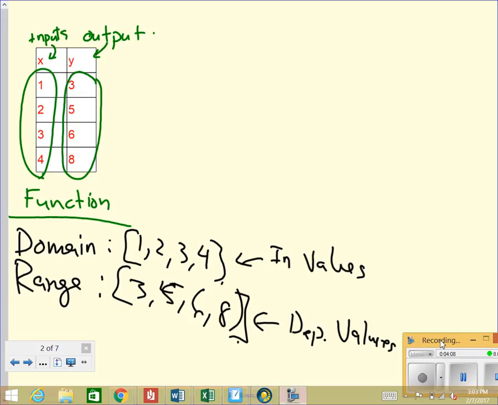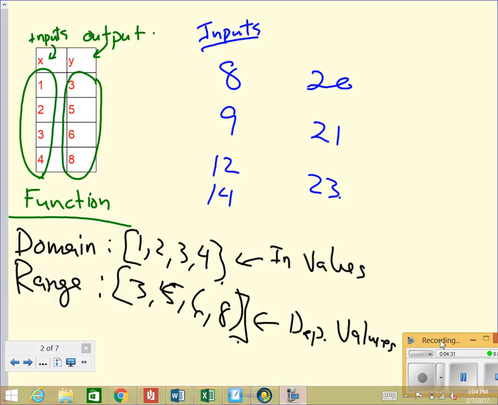If you think about it in terms of the mapping that we were doing before, say I have the numbers 8, 9, 12, and 14 as my inputs, and I have the numbers 20, 21, and 23, and I map them.